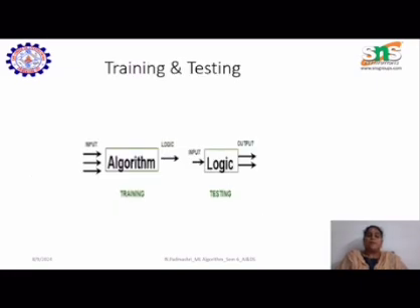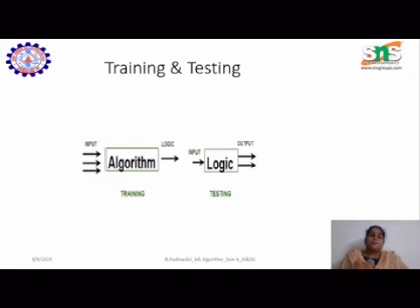This is a small block diagram for training and testing. As input, I give the algorithm to my machine, and the machine will train the algorithm. There are different algorithms out there, and according to your ML model we select the algorithm. For example, it can be k-means clustering, a KNN algorithm, a regression algorithm, supervised or unsupervised.